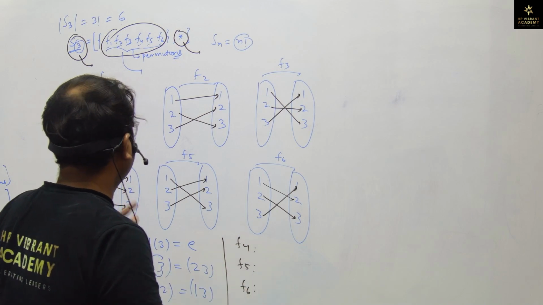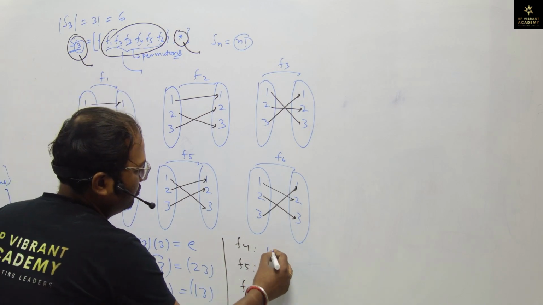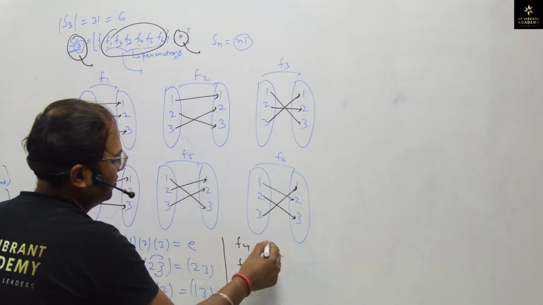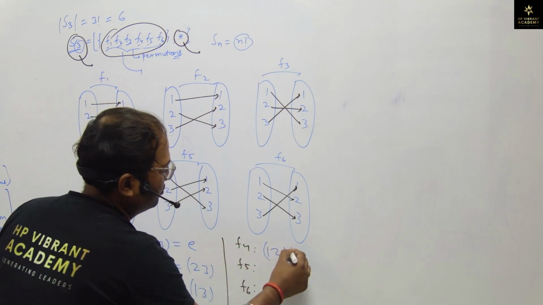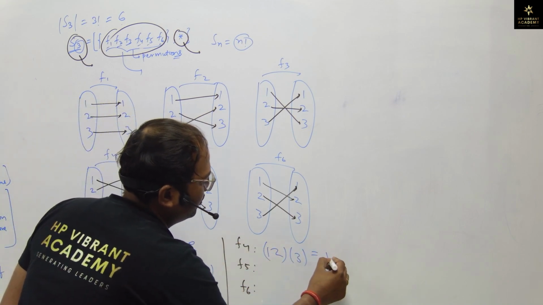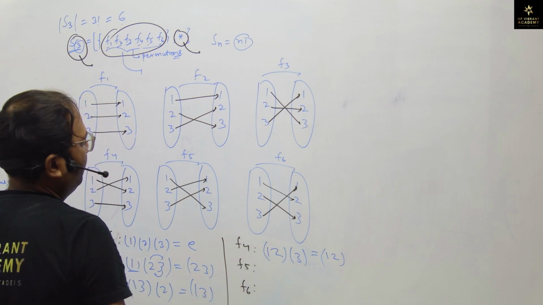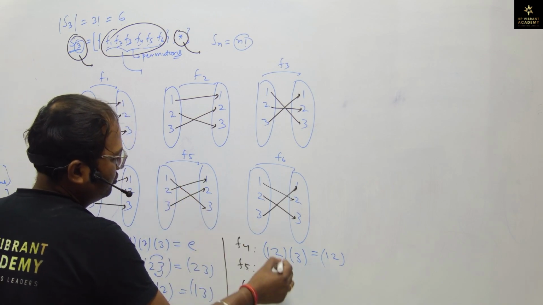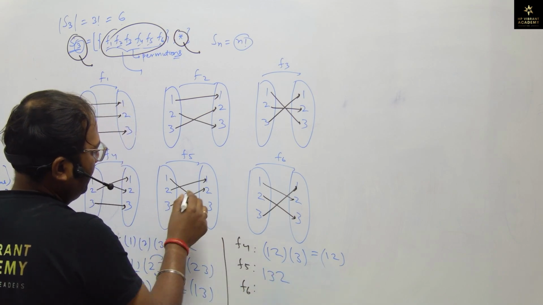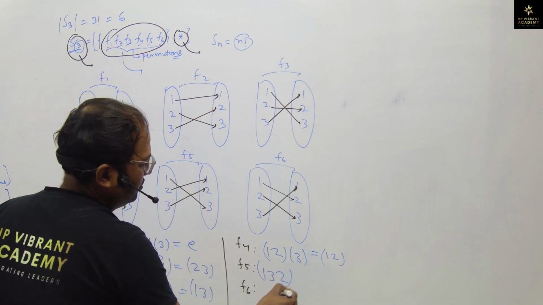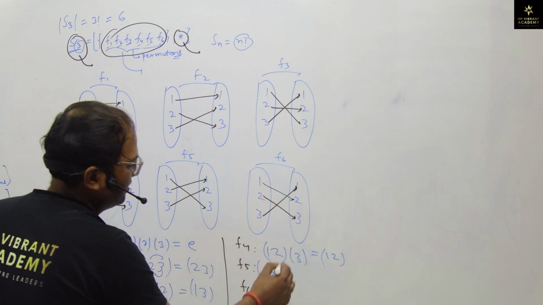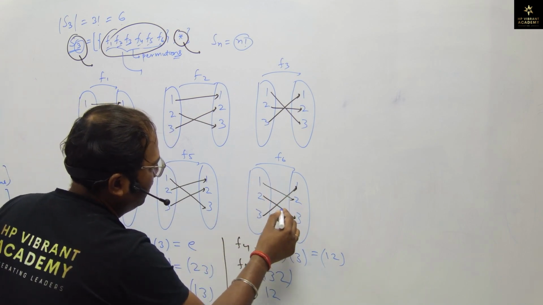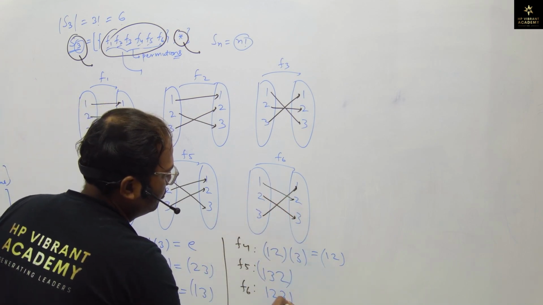Now F4 is 1 goes to 2 and 2 goes to 1, closed, and 3 goes to 3. So this is equal to (1 2). Now F5 has 1 goes to 3, 3 goes to 2 and 2 goes to 1, closed. And F6 has 1 goes to 2, 2 goes to 3 and 3 goes to 1.